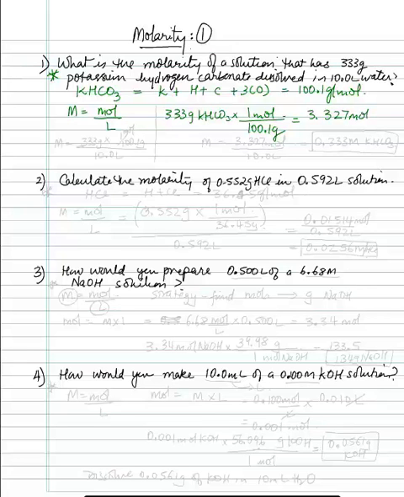I'm going to keep up to 3 decimal places so that I don't lose any of my accuracy. Then I can plug this into my equation, molarity is moles over liter: 3.327 moles, and the volume is 10 liters of water. That gives me a molarity of 0.333 molar KHCO3. Okay, so that's my final answer.